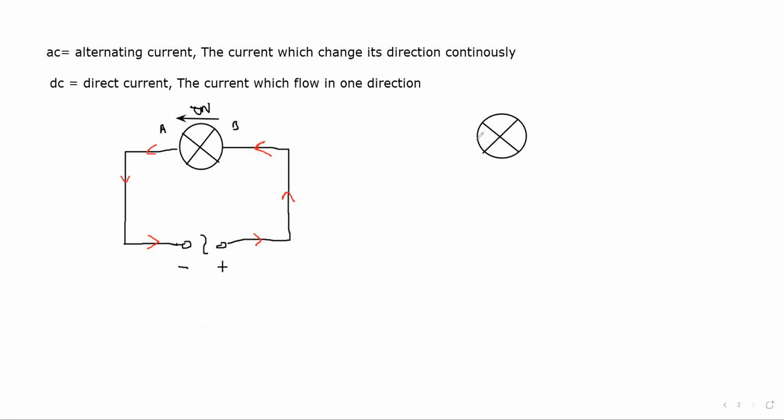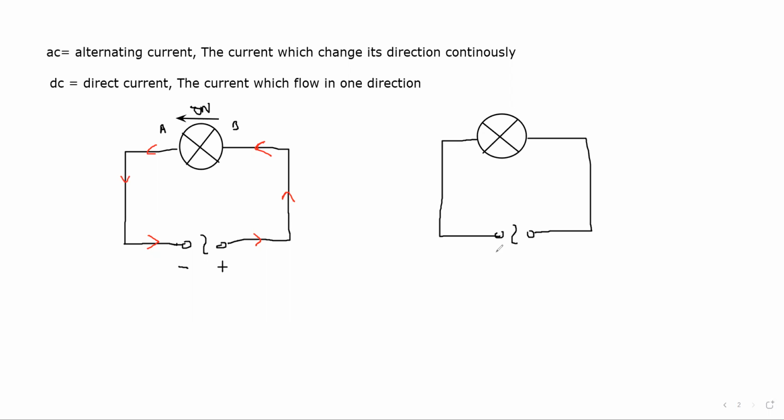The same circuit, same lamp connected to an AC supply. So what will happen? First the right hand side is positive, the left hand side is negative, so the current will move from positive to negative.